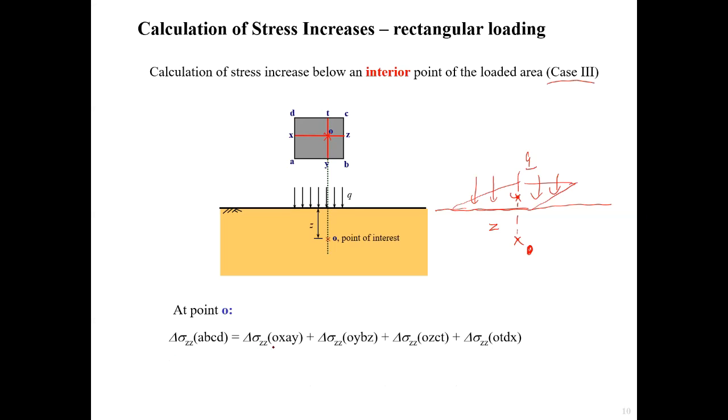So the total stress increase equals the stress increase for OXAY, that's this one, plus OYBZ, that's this area, plus OZCT, that's this part, and OTDX.